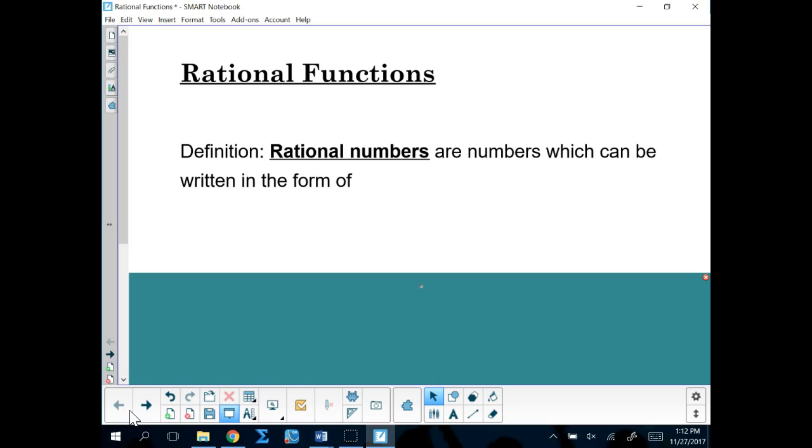So, let's think about rational numbers. Give me an example of a rational number. 1 is a rational number. You know it. 10, you know it.